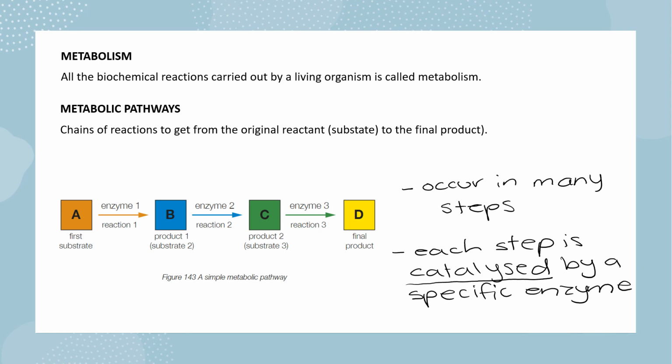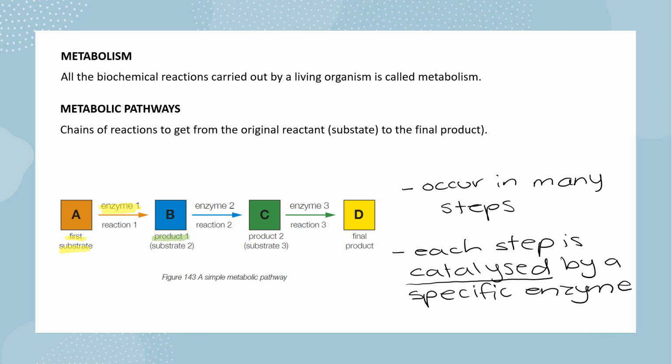As an example, you can see here that we have substrate A, so first substrate, that can only be catalyzed, or the reaction can only take place with a specific enzyme, so enzyme 1. Once this reaction's taken place, we end up with a new product, so product 1.